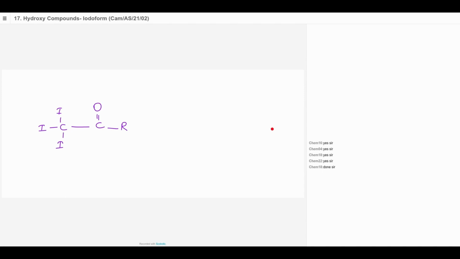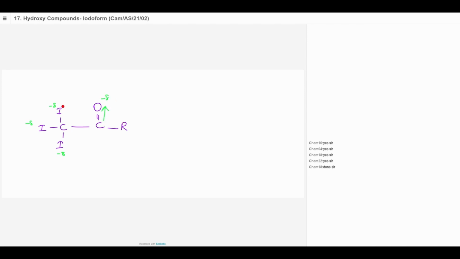The 3 iodine atoms are electron withdrawing. These are electronegative, right? They are electronegative because we know halogens are electronegative. So they pull electrons because they have a greater effective nuclear attraction. So 3 iodines, but they're very weak compared to oxygen. Of course, oxygen is very strong. One of the most highly electronegative elements after fluorine is oxygen. So oxygen is pulling electrons.